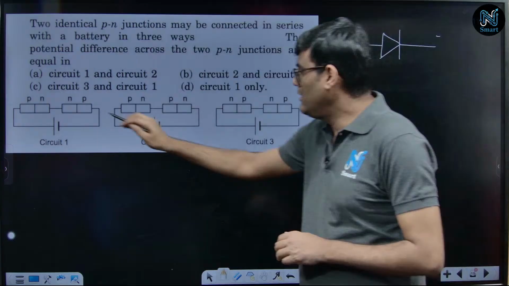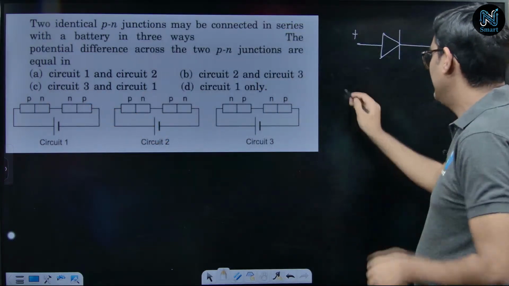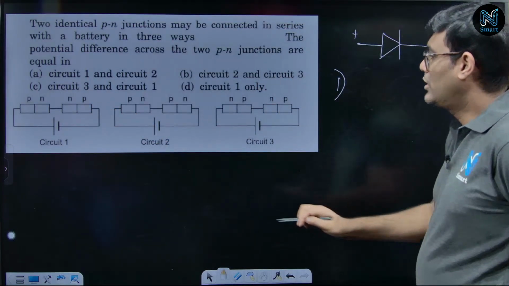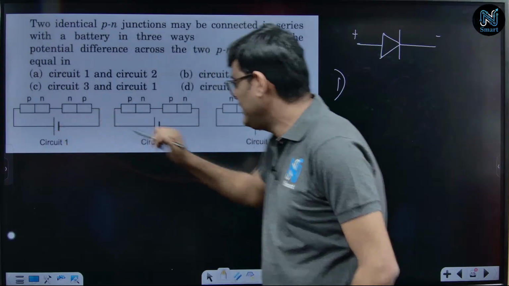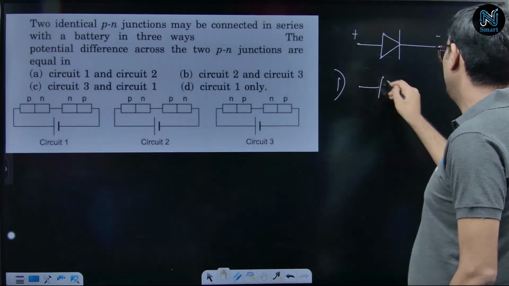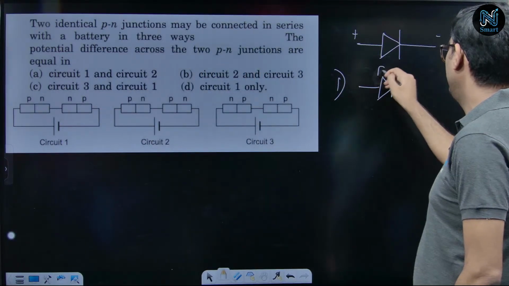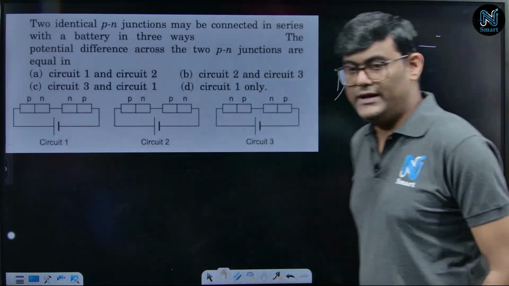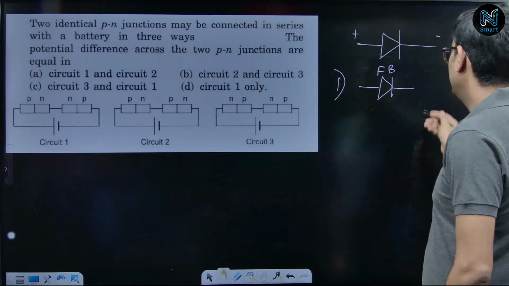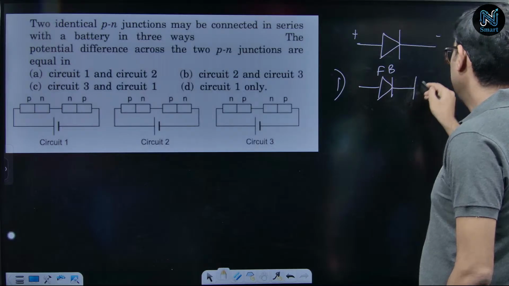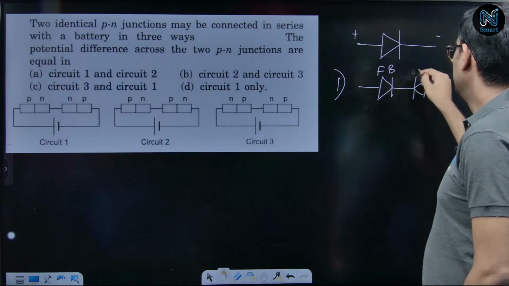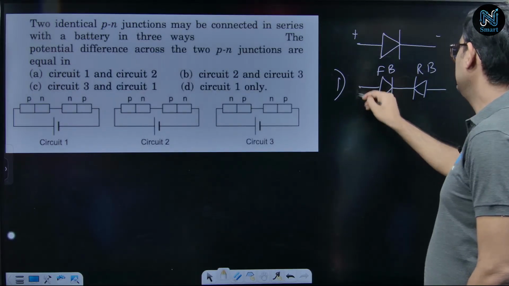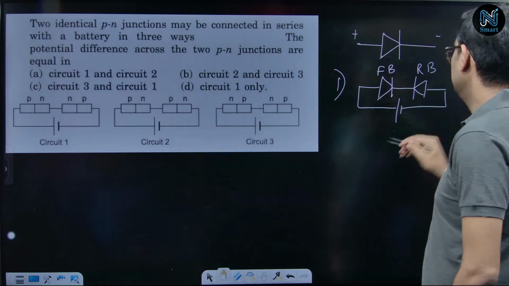Let's discuss the first circuit. In circuit 1, the P side is connected with positive, so it is forward biased, right? But here the P side is connected with negative, so that is reverse biased. So one is forward biased, one is reverse biased. That is circuit 1.